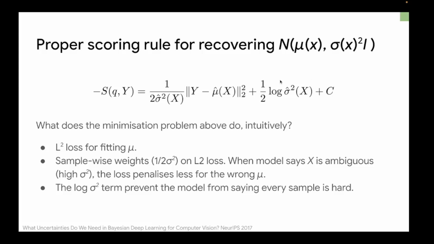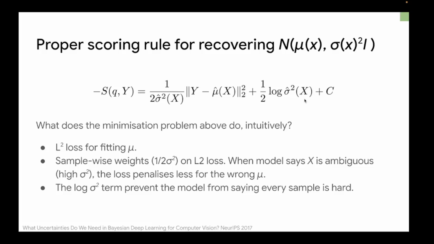But then there's a second term, which is there because if the model is given a chance to say, I don't want to solve this problem because it's so hard, then the model can, in principle, do that for every sample. That is not encouraged by this whole loss function because of this term here.